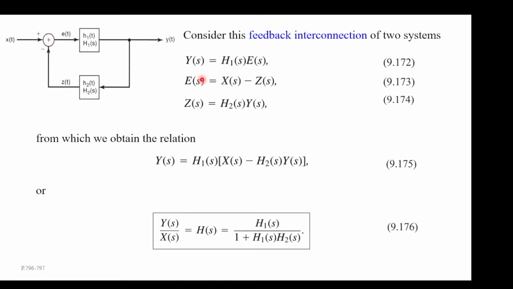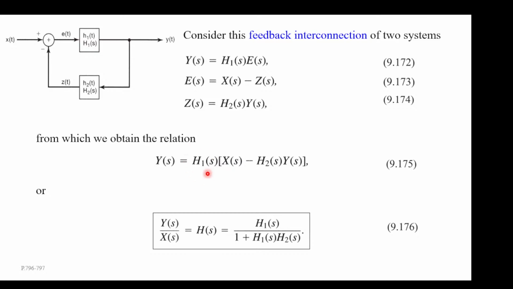Okay, so we have those three things, and we want a system function. We want to relate Y with X, so we want to eliminate those intermediate E and Z. Then we arrive at Y(s) equal to, so we eliminate one by one, H1.